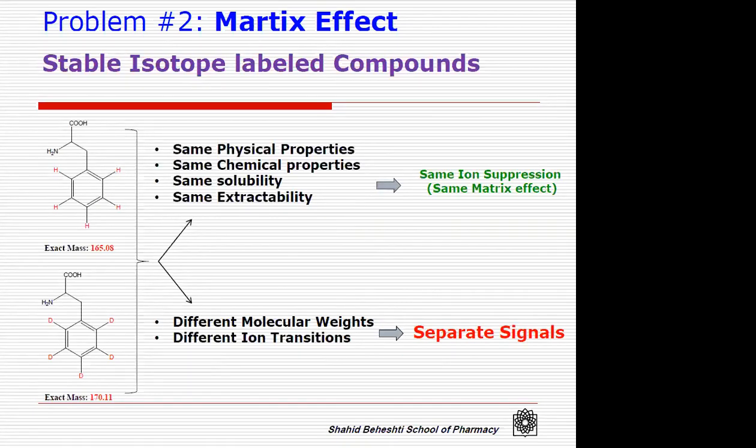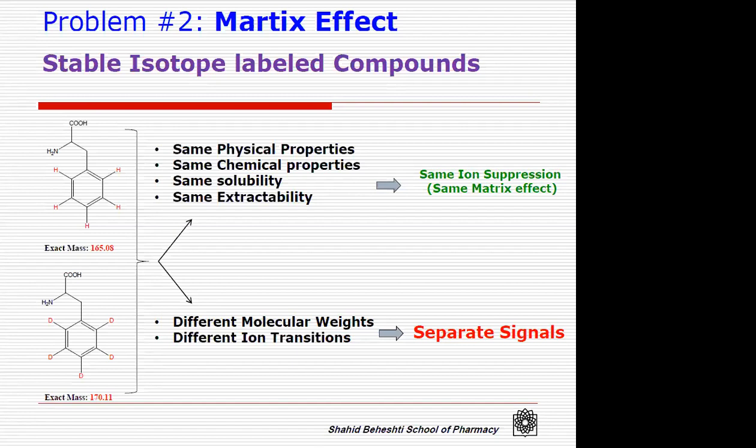Now, if we compare these two compounds, as I said, they have the same physical properties, the same chemical properties, same solubility, same extractability. So these two compounds are not different. They are both phenylalanine. But the only difference is that the natural phenylalanine has a molecular weight of 165, and the isotope phenylalanine, which has all the hydrogens replaced by deuterium, has a different molecular weight, which is 170.